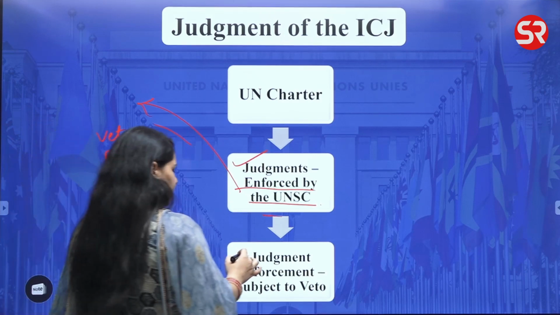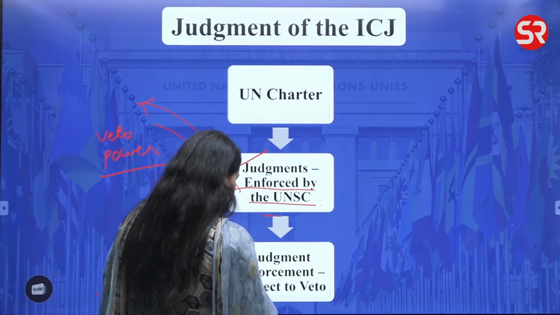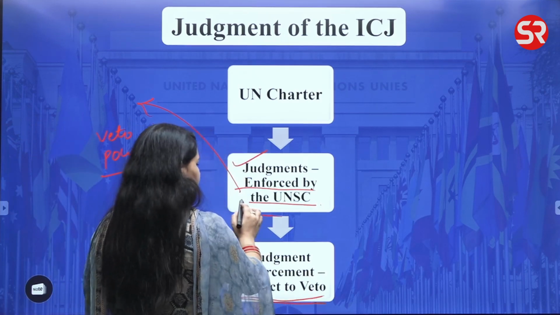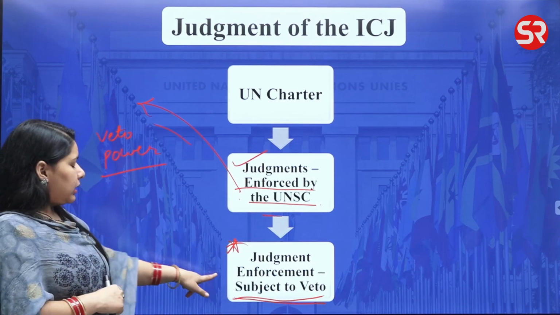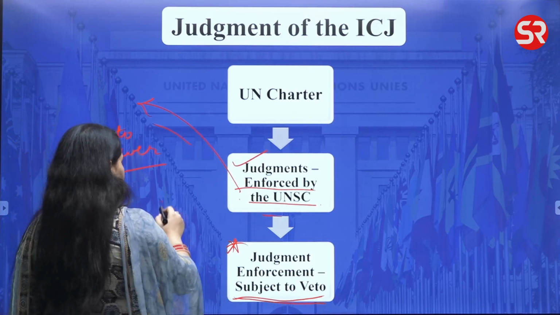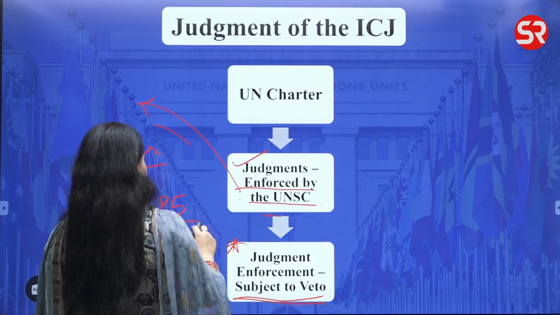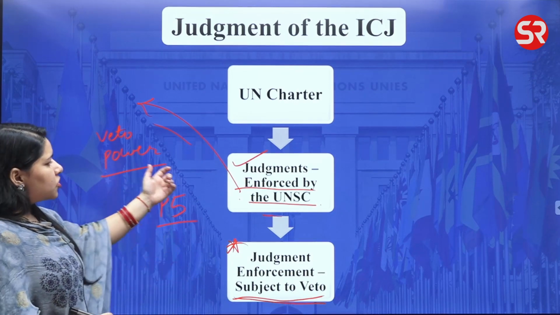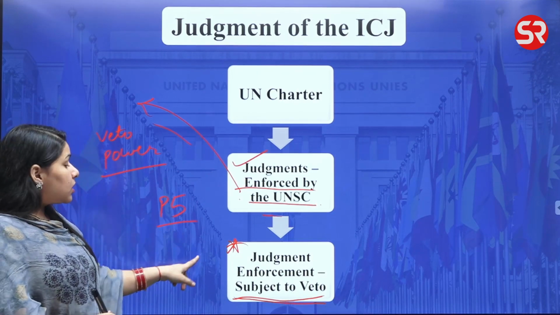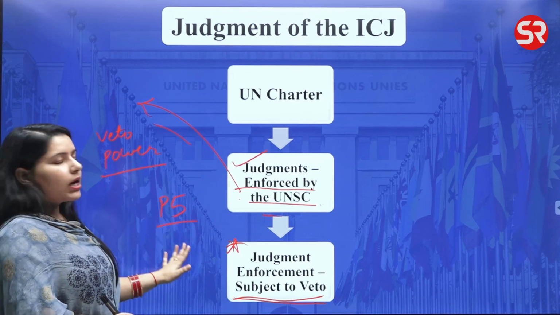Again there is a limitation here, because when the UNSC is deciding how to enforce the judgment, any one of the P5, or two, three, four, or all five of them can veto, and then again the judgment can't be enforced. So this again shows the limitation of the ICJ.